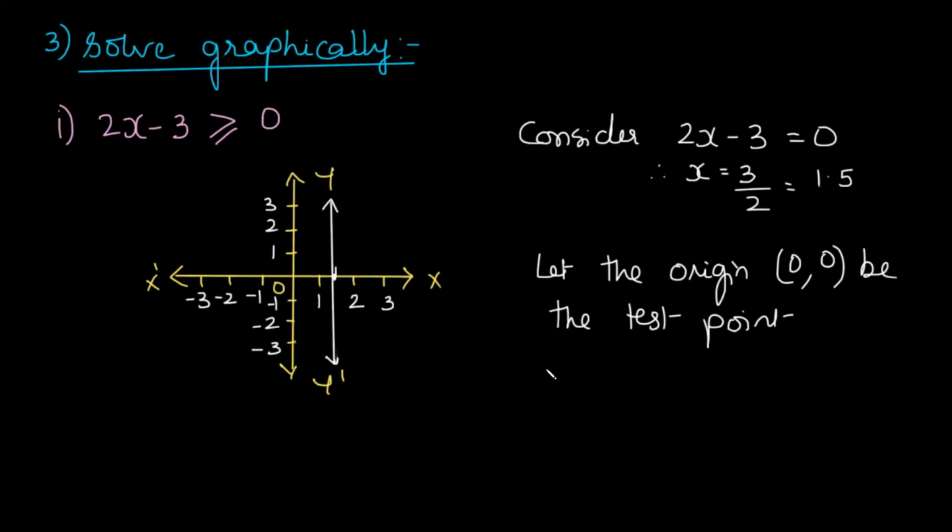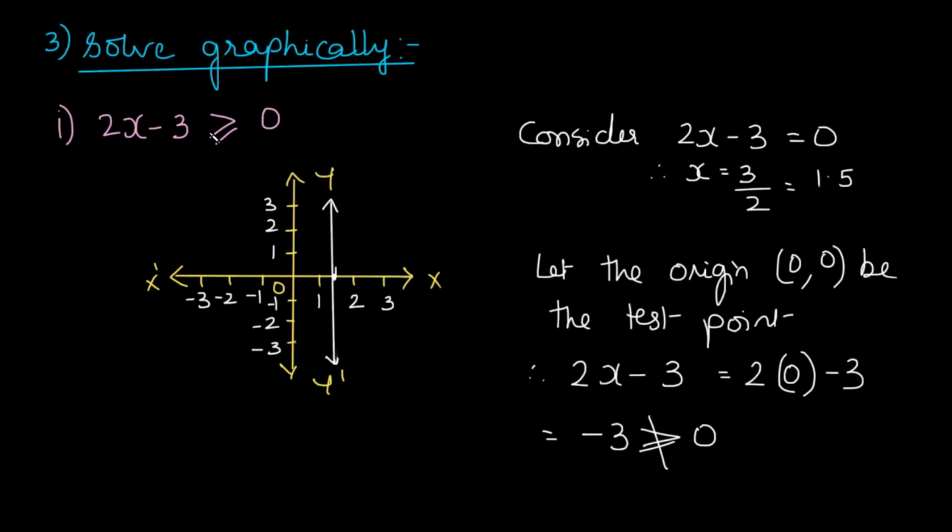So, now 2x minus 3 can be written as 2 into 0 because x is 0. So, 2 into 0 minus 3, which comes out as 0 minus 3, which is minus 3. Now, minus 3 is not greater than or equal to 0. See, the condition given is the point should be greater than or equal to 0.